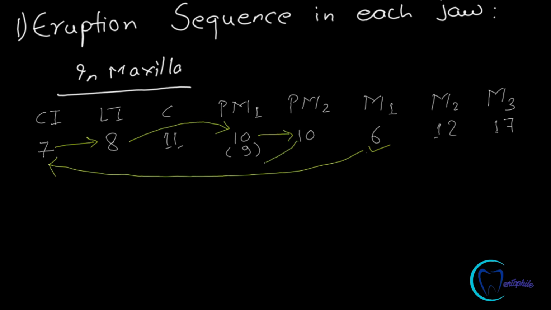And finally, after the eruption of the premolars, there is eruption of the canine at 11 years. And after the eruption of the canine, there is eruption of the second molar. And finally, the third molar, usually at the age of 17 years. So we can see there is a gap of 1 year for the eruption of the subsequent teeth. That is first molar at the age of 6 years. After that, 7, 8, 9, 10, 11, and 12 years.